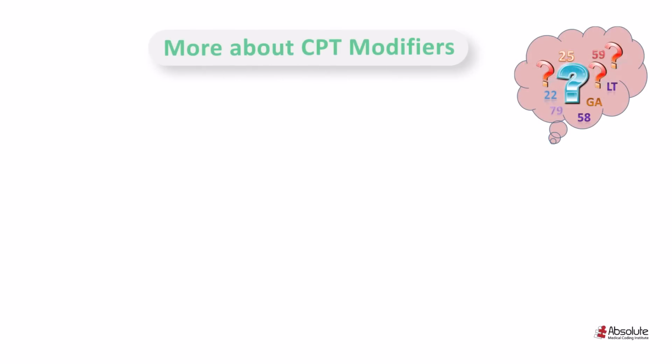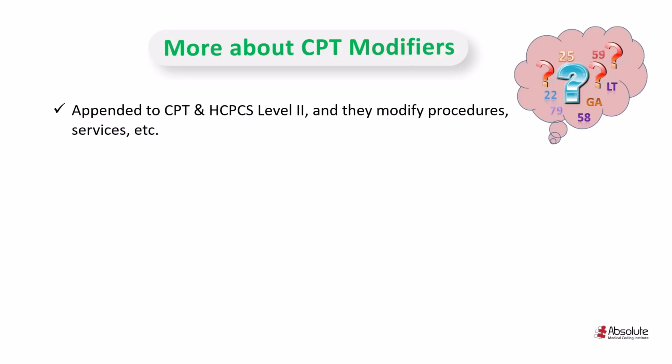Here's a little more about CPT modifiers. We already know, and I just want to emphasize, that CPT modifiers are appended to both CPT codes and HCPCS Level 2 codes, and they modify procedures and services.